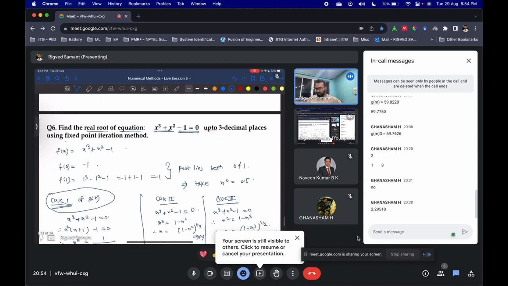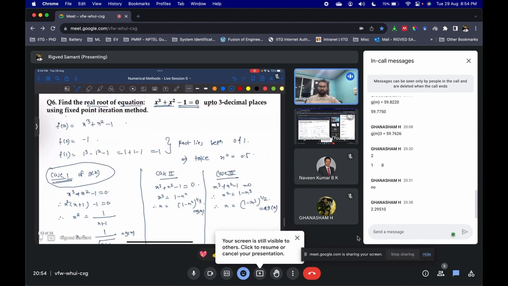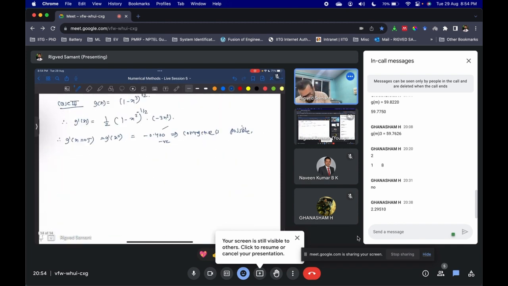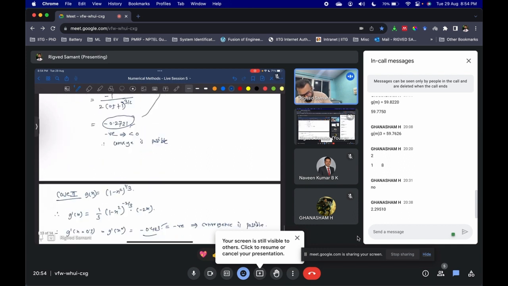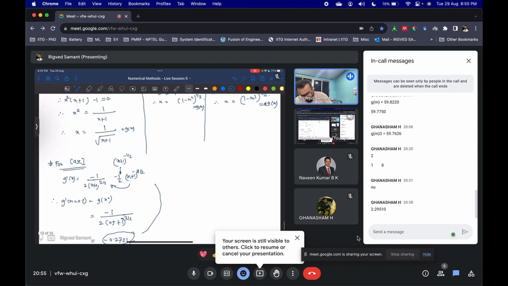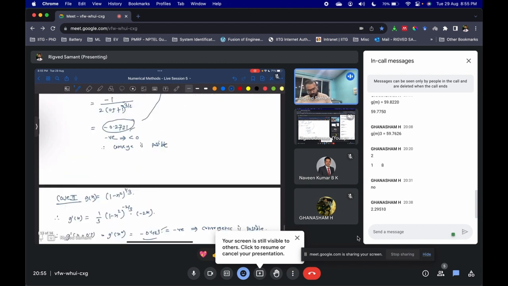So with case number 1, you know the drill now. You can always calculate, and x0 also you have. So I'll just write down the first iteration. Iteration 1: x0 is 0.5, that we found out, and g of x is equal to 1 divided by under root of x plus 1.